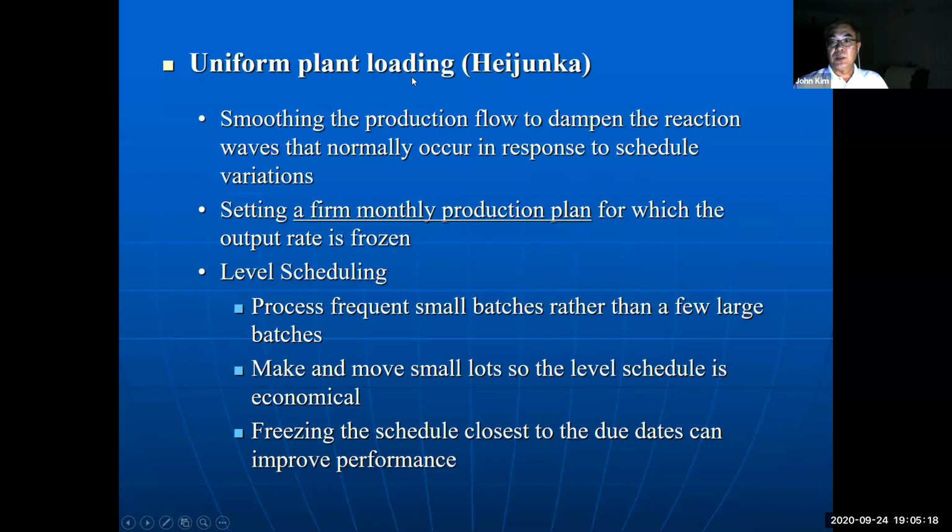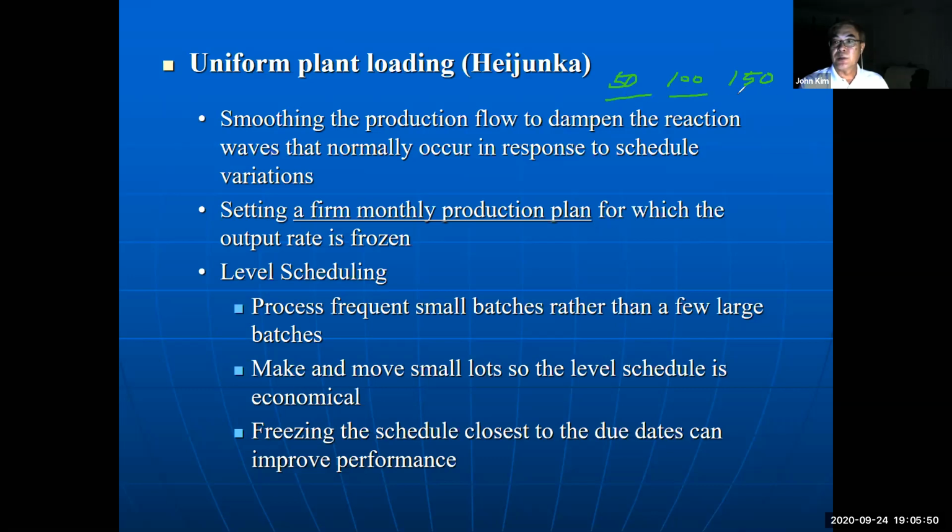Uniform plant loading, in Japanese, heijunka, another name is level scheduling. Scheduling, first month, schedule 50, second month 100, third month 150.